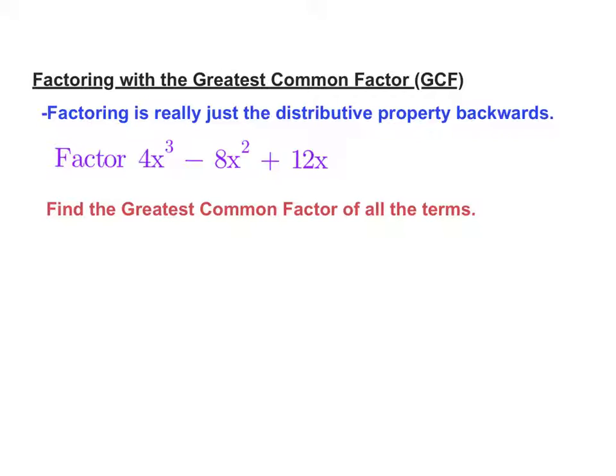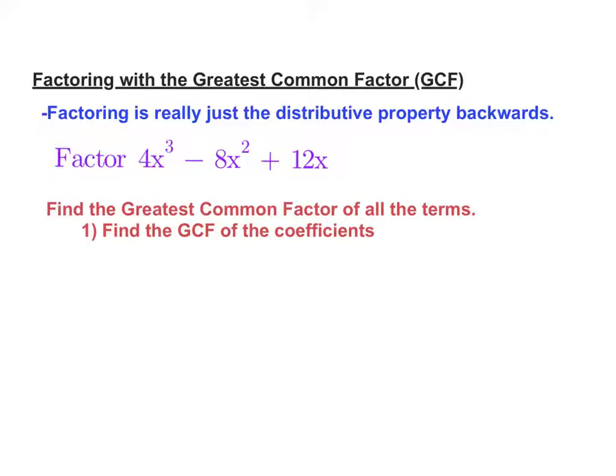I like to break this down with greatest common factors, when we're dealing with variables, into two parts: one with the coefficients, the numbers, and two with the variables. So the first thing is to find the greatest common factor of the coefficients. In many cases, you'll be able just to look at it and think, what's the biggest number that goes into all of those numbers? Sometimes it's one of those numbers.